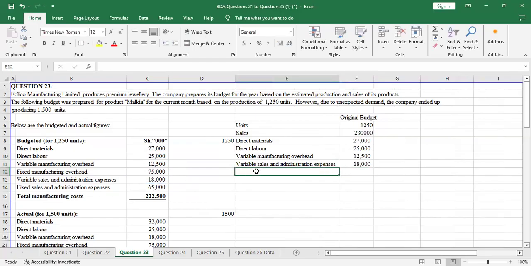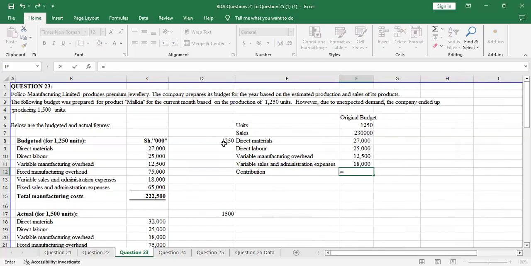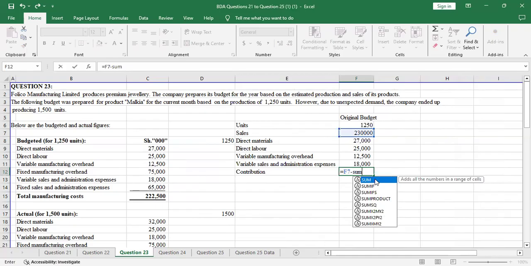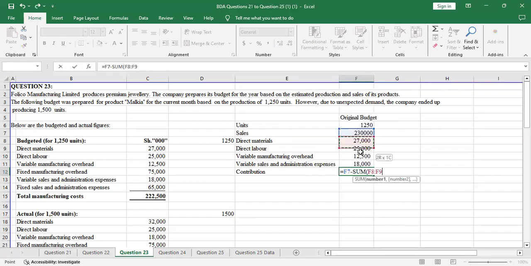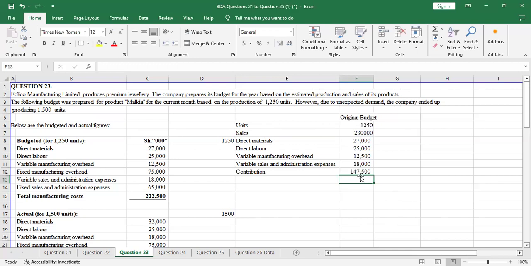So that I get the contribution under the original budget. The contribution will be the sales revenue minus the total variable costs. I'll sum all this and enter that.